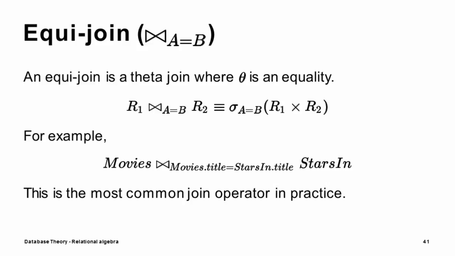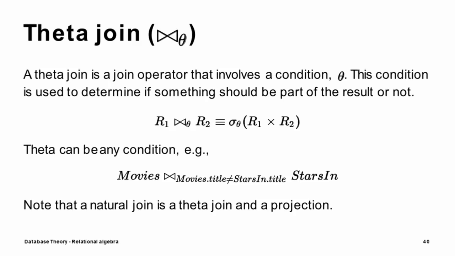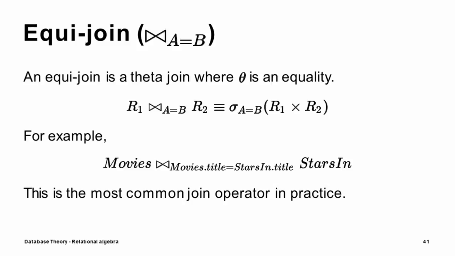So they are a shorthand. This equijoin is a shorthand for that theta join when there is an equality testing going on between two conditions. For example, what we have here is the equijoin between the movie's title and the stars in title.